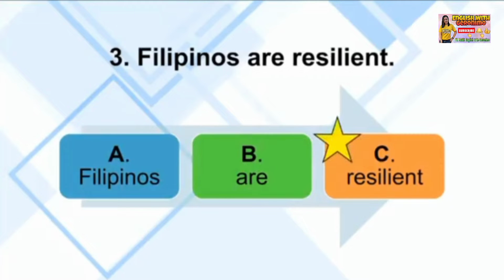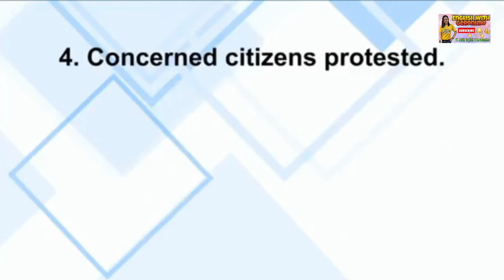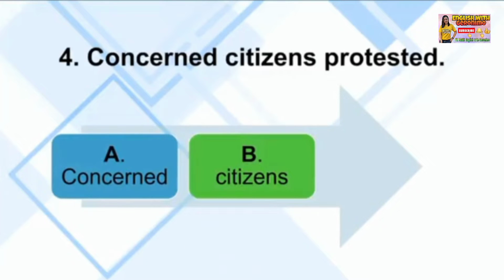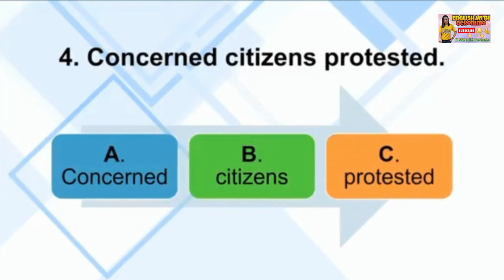Correct answer is C. Resilient. 4. Concerned citizens protested. A. Concerned, B. Citizens, C. Protested. The correct answer is A. Concerned.